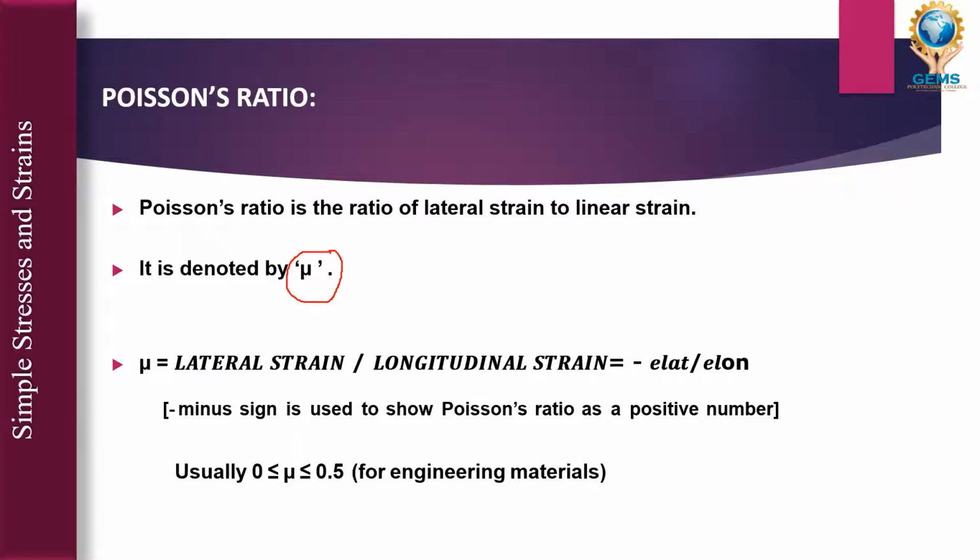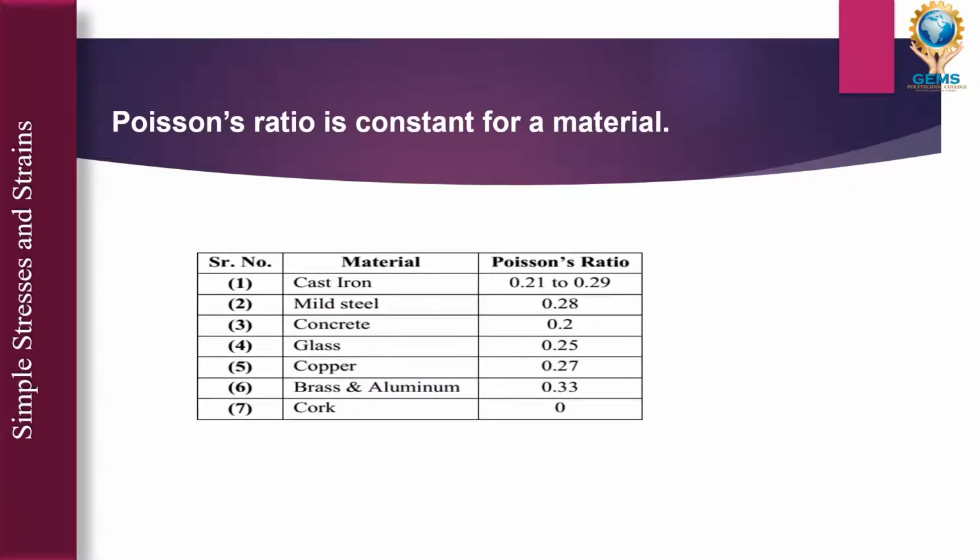One more thing: for engineering materials, the maximum Poisson's ratio will be 0.5 and the minimum Poisson's ratio will be 0. So we can say the minimum Poisson's ratio for any engineering material is equal to or greater than 0.